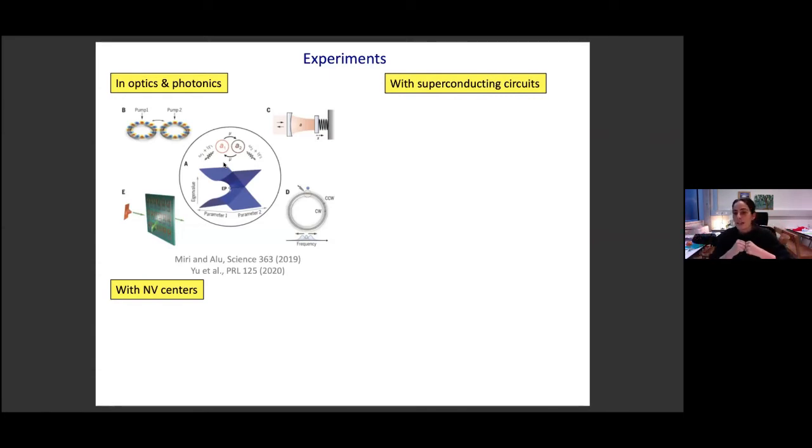If you can control gain and loss, you can reach the point in parameter space where you have exceptional points, and maybe you have heard about PT symmetry, which can also be interesting for quantum sensing. So there are experiments with optics and photonics.